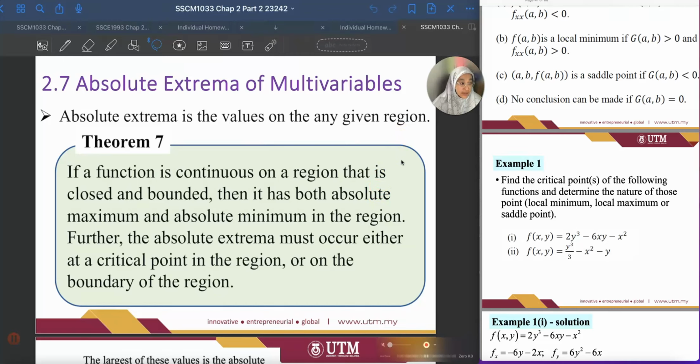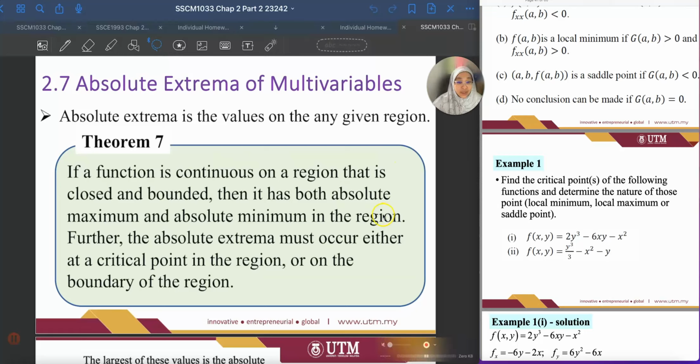Absolute max is the highest one: the value of f at the particular point x and y that gives you the highest value. An absolute minimum is the most minimum one. But for the local, we don't bother whether that one is the most max or the most min.